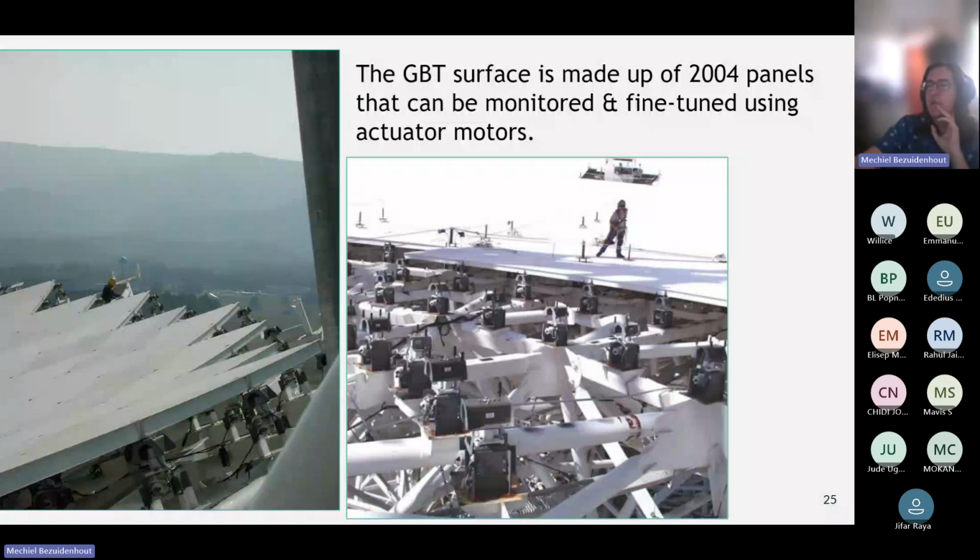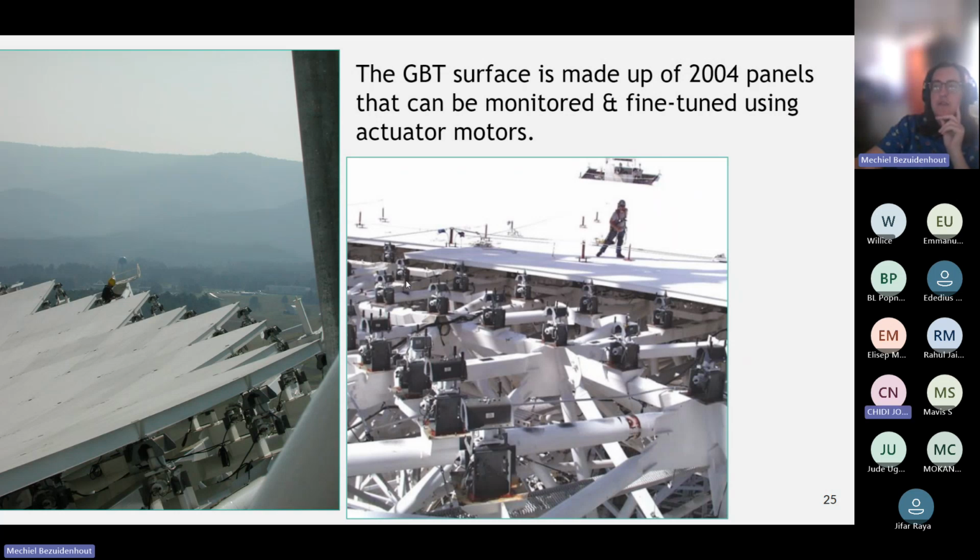So in order to build this big 100-meter antenna, you need to come up with all these clever solutions to make up for these losses of efficiency. That increases the cost as well, of course.